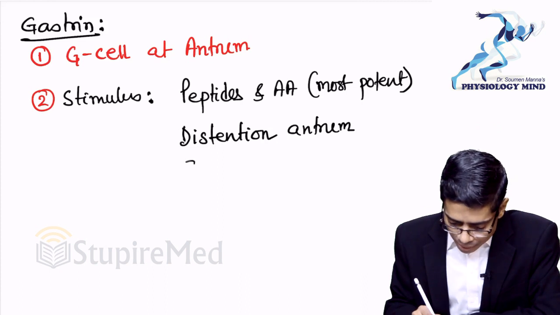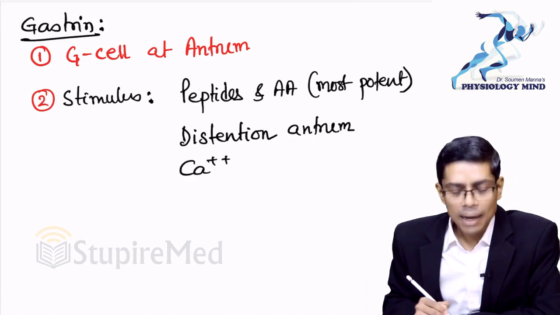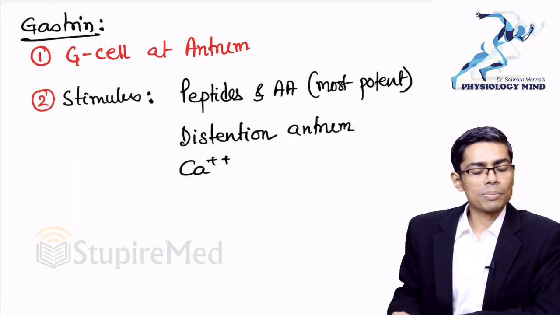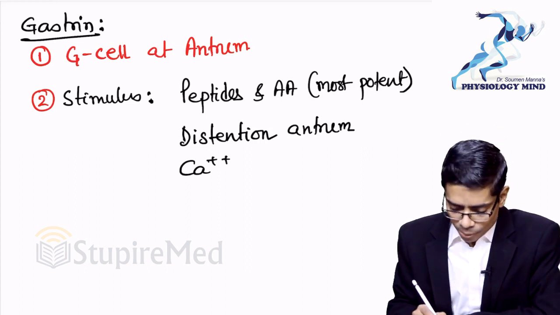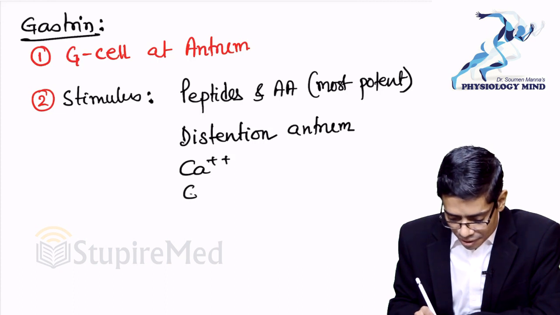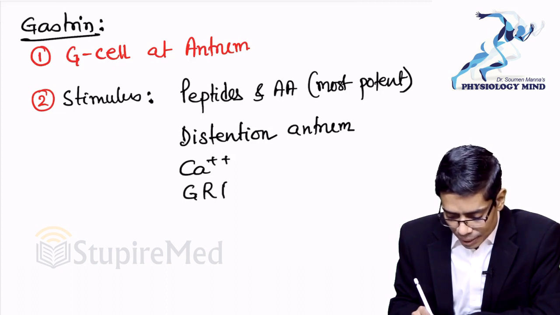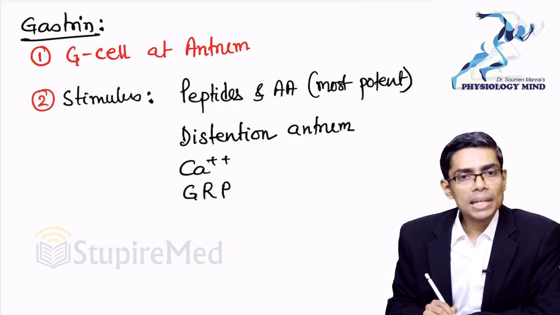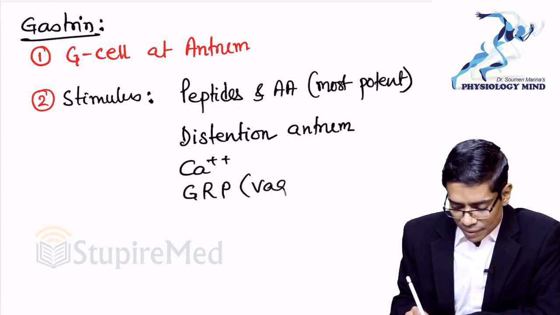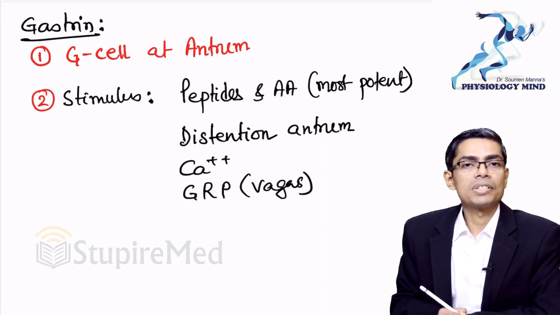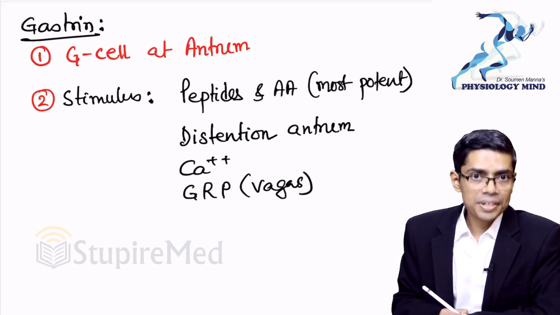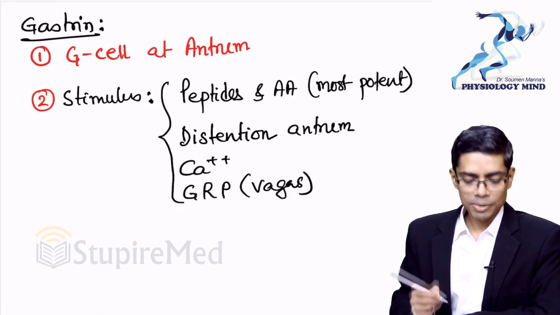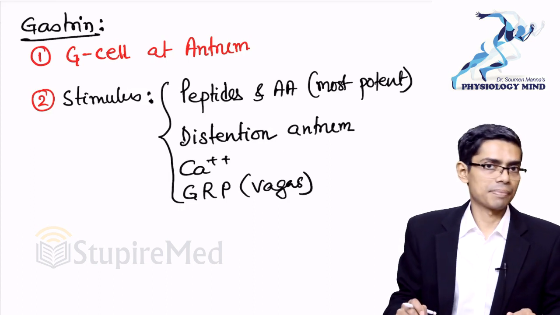The third stimulus is calcium ion; presence of calcium ion in the stomach also produces gastrin. And the fourth one is gastrin releasing peptide, generally produced by neuronal endings, particularly vagus nerve endings. All are stimuli for release of gastrin.